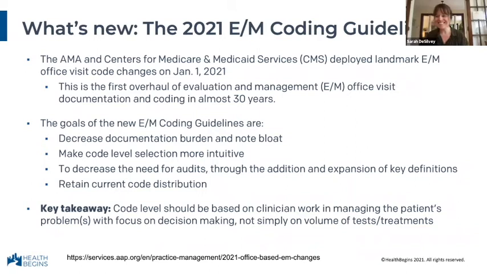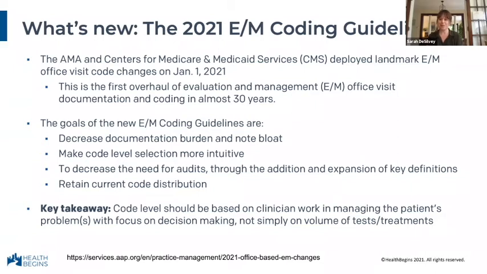Thank you, Rishi. My principal job on a daily basis is as a rural family practice provider. So it's been a long time, I can testify, since there's been an update. In 2021, the American Medical Association and the Centers for Medicare and Medicaid Services deployed the landmark E&M, meaning Evaluation and Management, Office Visit Code Changes. So January 1st, 2021.